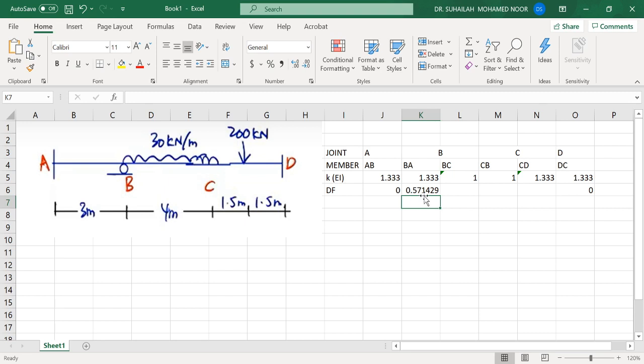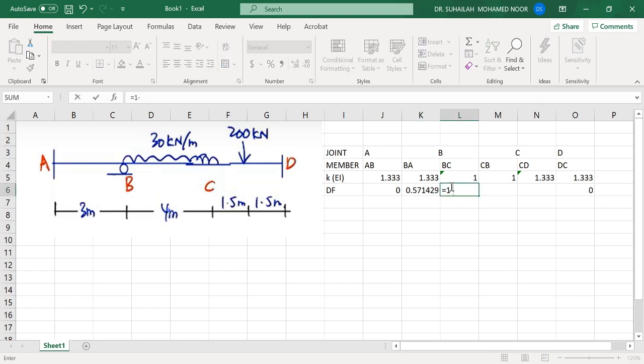It is 0.571, and the other one is 1 minus that, because the total must be equal to 1. We can also use 1 divided by 2.333 and get the same.